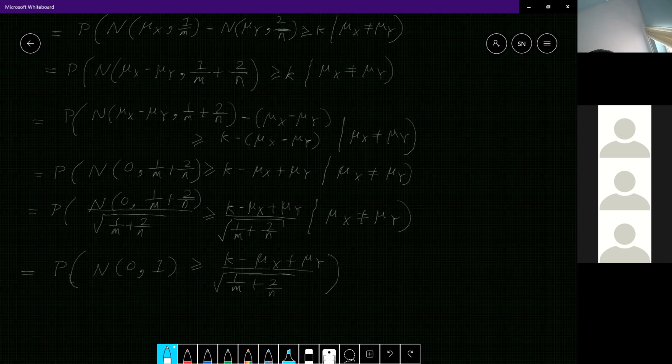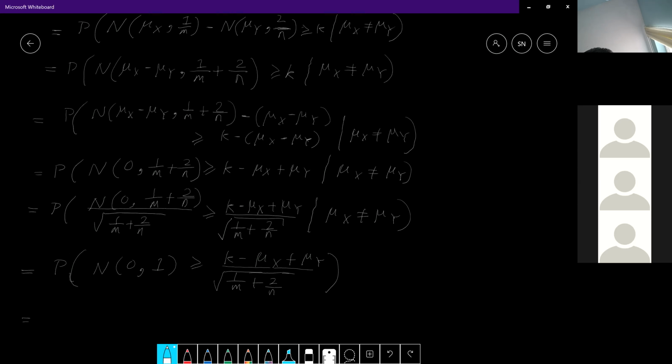So you can write this as 1 minus phi of k minus mu x plus mu y over the standard deviation. Okay.